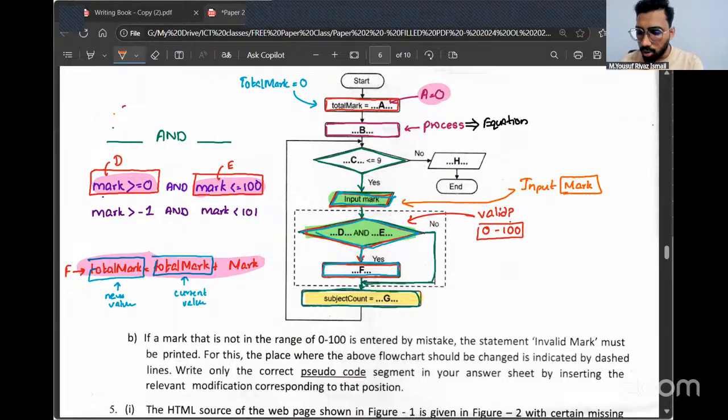I just put total instead of total mark. Your answer is wrong. There's a condition check if it's a whole number or not, right? You can't easily check if a number is a whole number. I mean, there is a way you can check, a way you can convert.